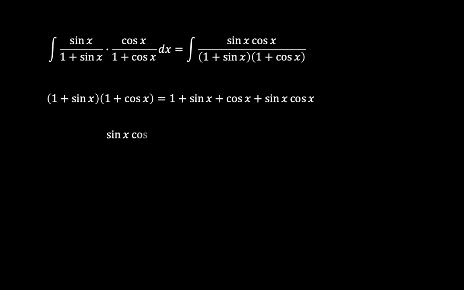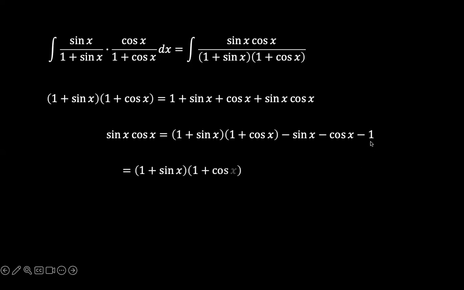Therefore, the numerator sine x cosine x is the same as 1 plus sine x times 1 plus cosine x minus sine x minus cosine x minus 1. And using the identity sine squared x plus cosine squared x equals 1, we can replace the 1 here with sine squared x plus cosine squared x.